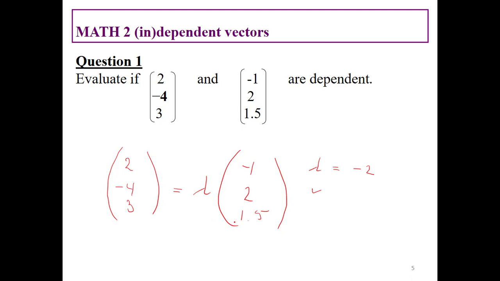But 3 is not -2 times 1.5. If I take -2 times 1.5, that would give us -3. So that doesn't fit. So the two vectors are not depending. They are independent. So we could use them to represent a plane.